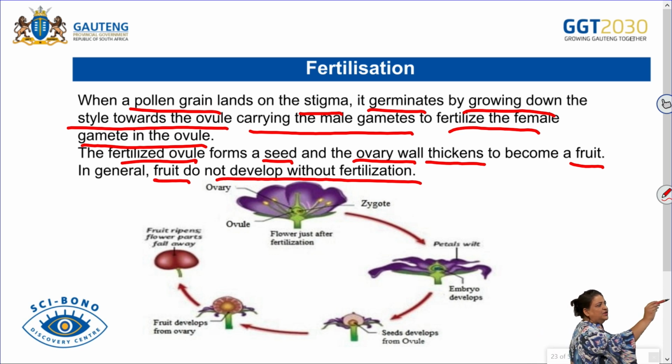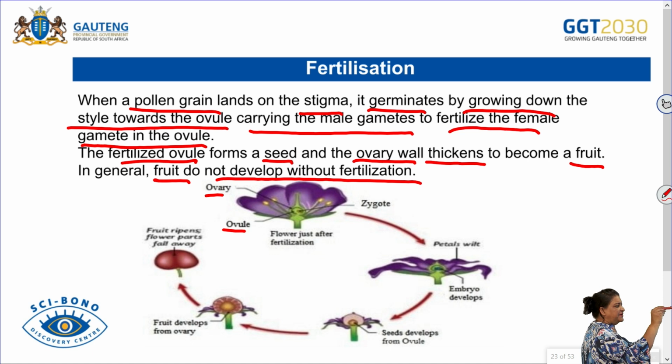Here you have your ovary with your ovule containing your female gamete. Your male gamete will fertilize the female gamete in the ovule to form what we call a zygote. The zygote is now going to form part of your fertilized ovule, which will become a seed.